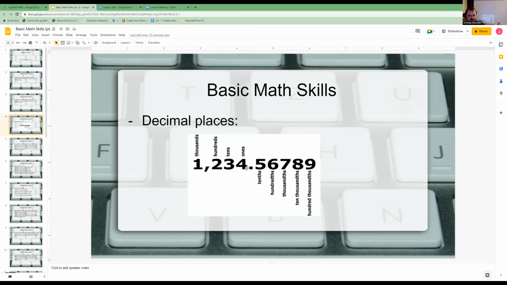Where people mix this up, though, is when you go to the right of the decimal and they want to call this first place like the oneths, and they want to call the next place the tenths. But actually, this first decimal place to the right of the decimal point is called the tenths. Because right here, when you're saying, what do I have four of? I have 4 ones. I have 1, 2, 3, 4.